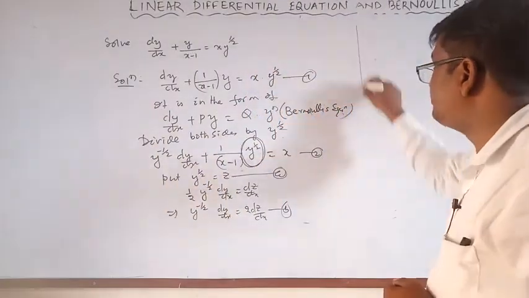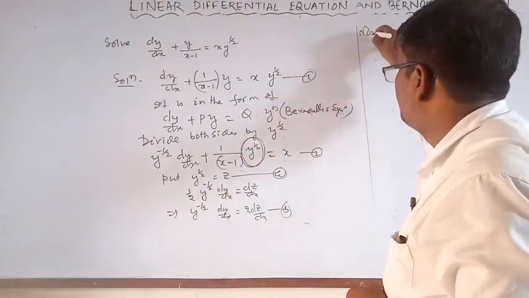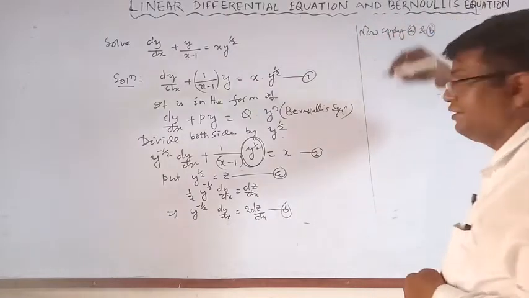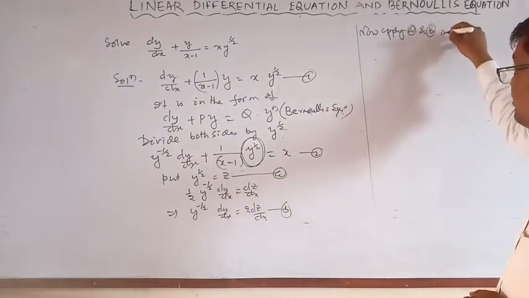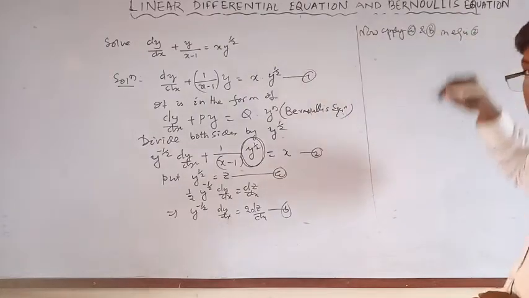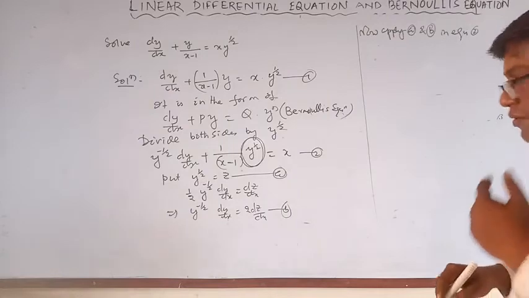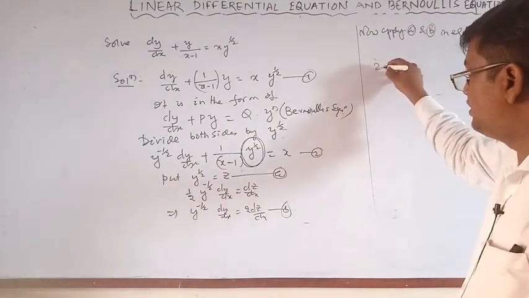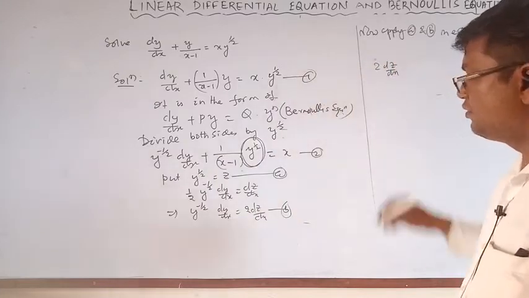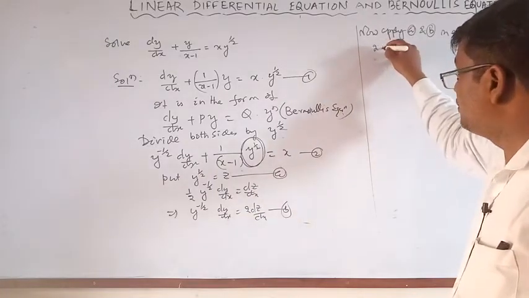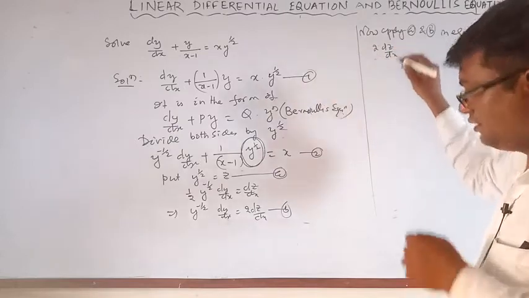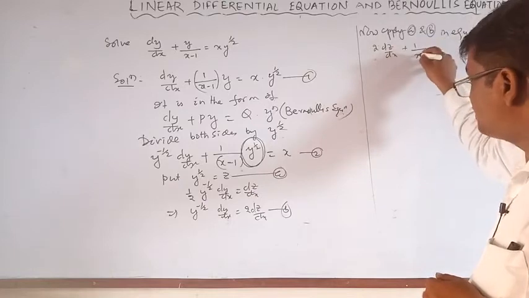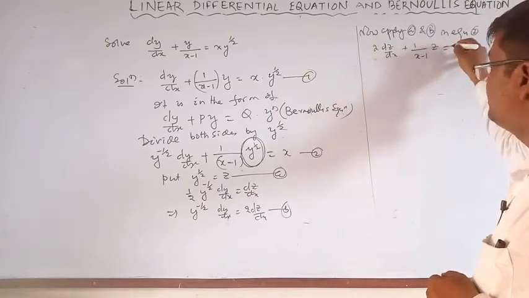Now apply A and B in equation 2. Now this is 2 dz by dx plus 1 by x minus 1 into z is equal to x.